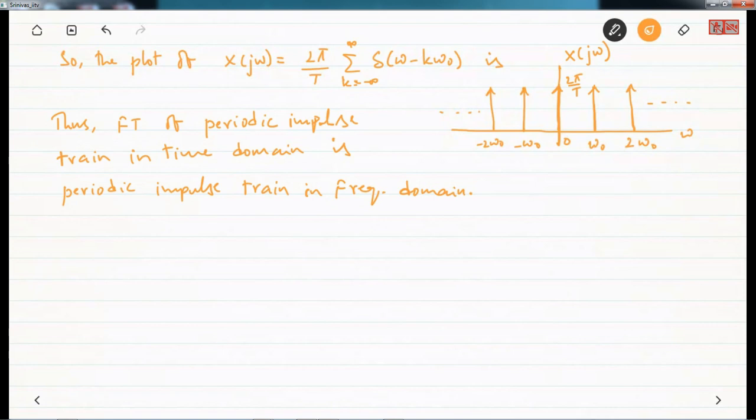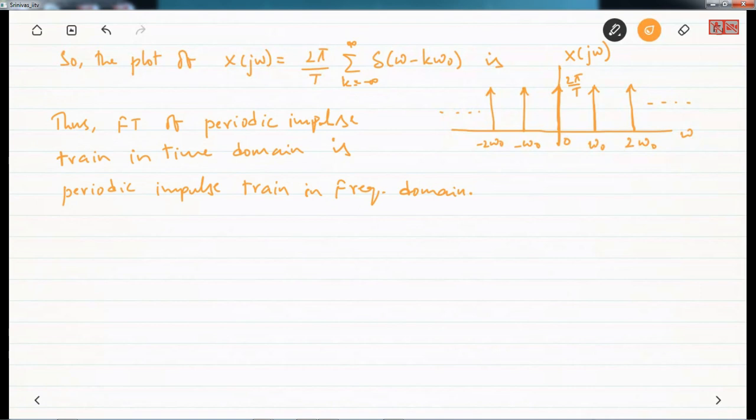Remember, X of j omega is the frequency domain representation of the signal. We will be given in general a time domain signal x of t. Whenever I specify a function in the time domain, it is called a time domain signal.